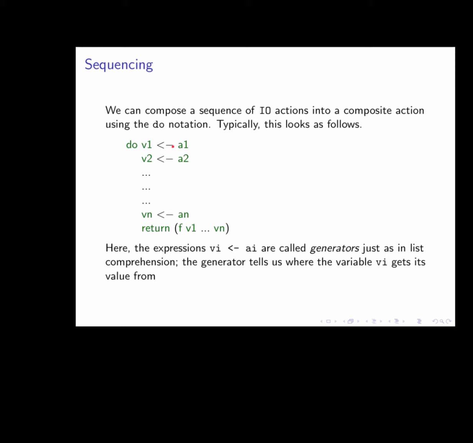V1, left arrow, A1 means that the variable V1 gets its value from the IO action A1, typically by some return. And likewise for the other IO actions, VI from AI. They're called generators, just as in list comprehension, so it's no coincidence that the notation is the same. In both cases, the generator tells us where the variable VI gets its value from. And here it's from the IO action AI.